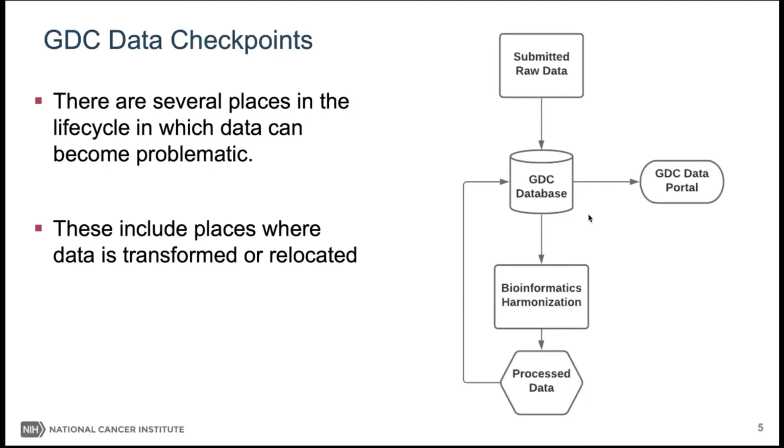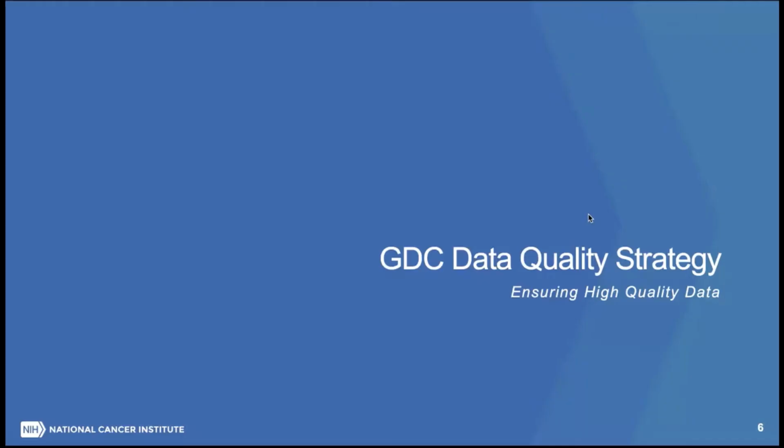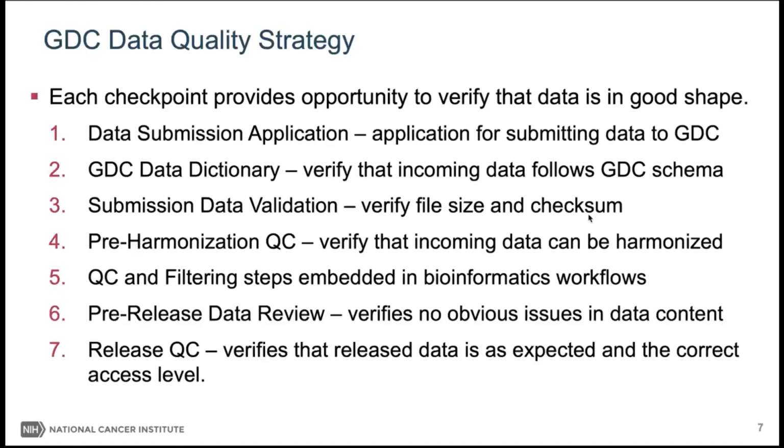So that brings me to the next section of this webinar. This is a very quick introduction, and this is most of the meat of the webinar, the GDC data quality strategy. This is what we do to ensure that high quality data is made available at the GDC. Each of these checkpoints provides an opportunity to verify that the data is in good shape. And we have the strategy broken out into 7 steps here.